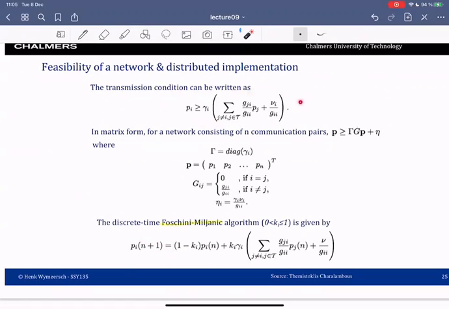The condition that needs to be satisfied is this one. This is the SINR condition for the different users. And this is the solution to the algorithm where user i at iteration n+1 adjusts its power based on the previous power, and here a metric that relates to the interference. By doing this, you find an optimal solution that satisfies all of this with equality, and this turns out to be completely distributed.